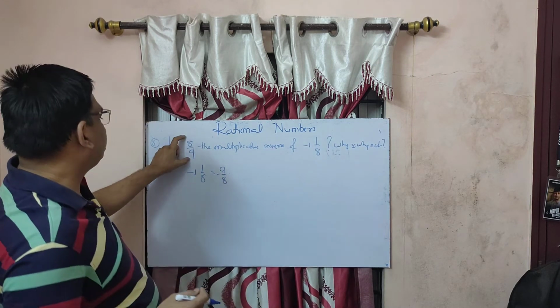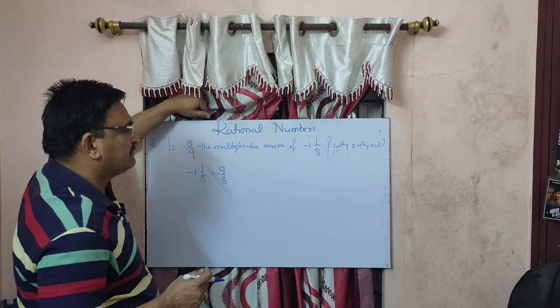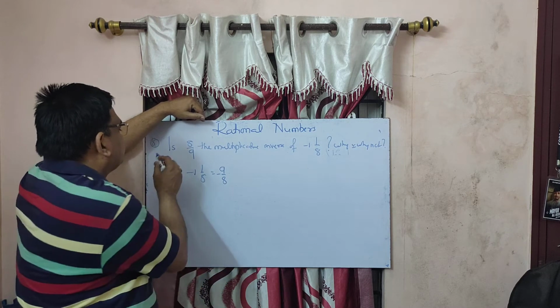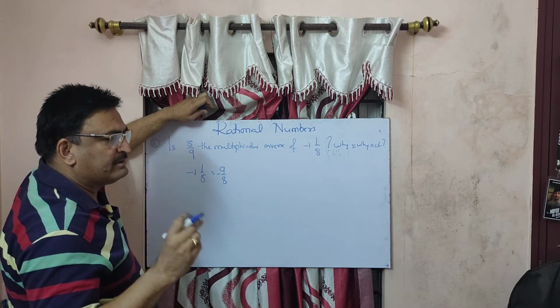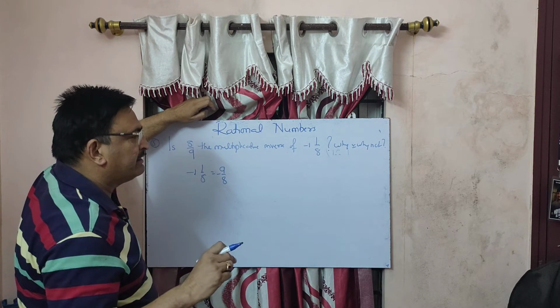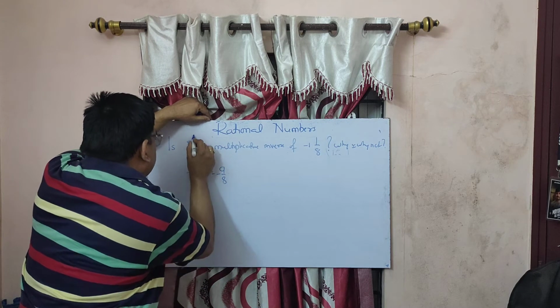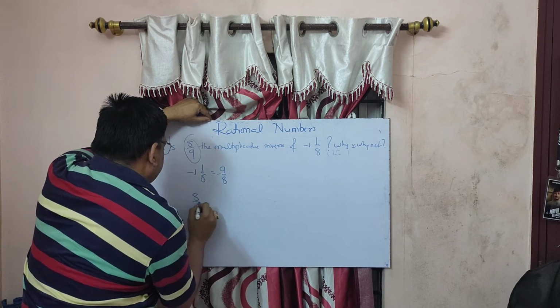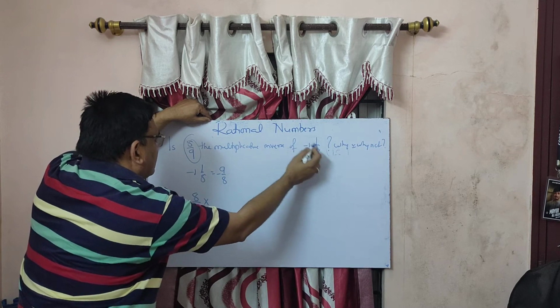So now here it is 8 upon 9. Now the question is, see here, I told you, if you multiply a number and the multiplicative inverse of that number, the answer should always be 1. So let us see now, the given number is 8 upon 9.